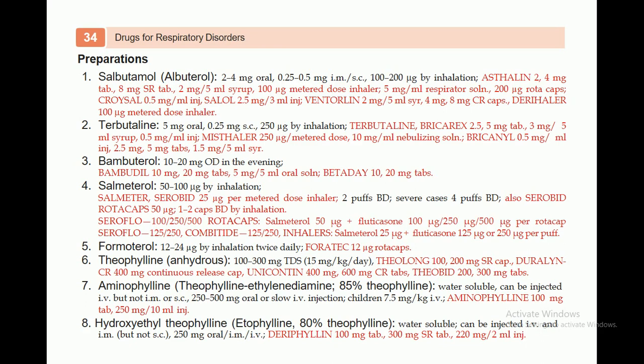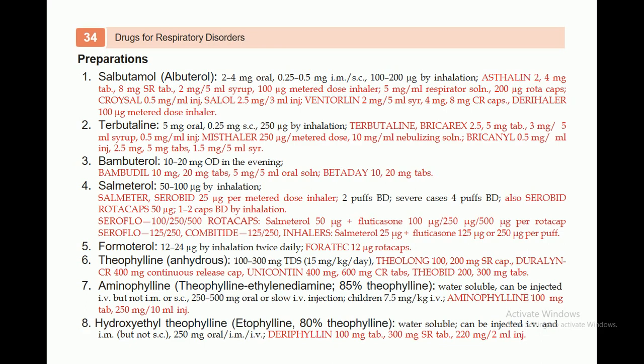Actually, this lecture was about the different doses and preparations of the drugs which are used in the treatment of respiratory disorders. We have already discussed all these things in detail.